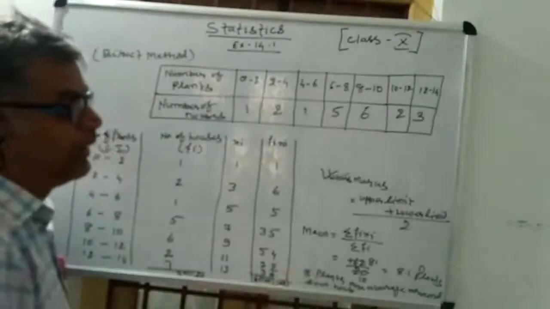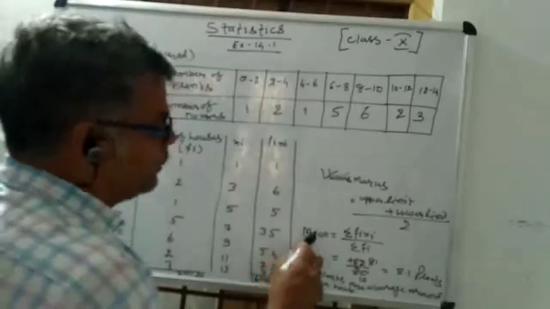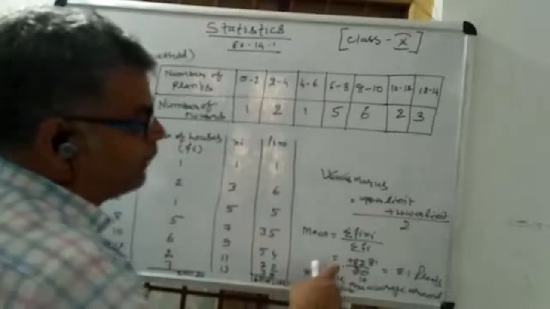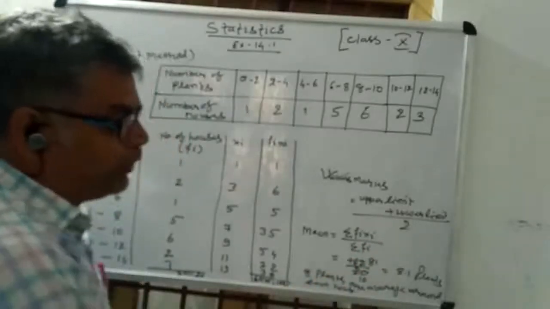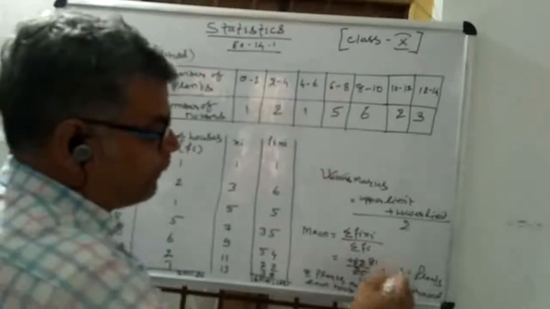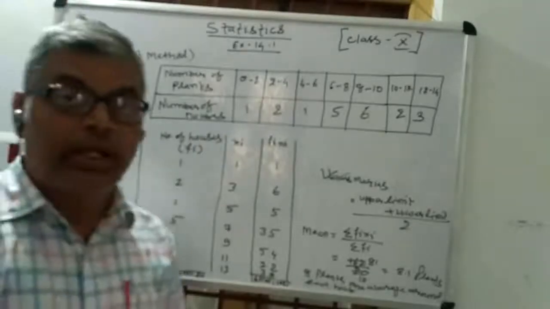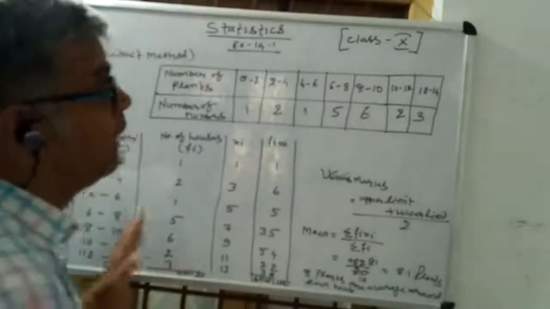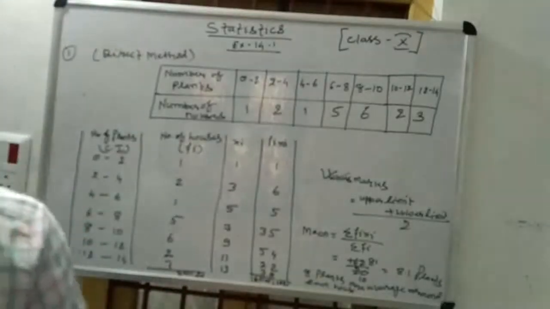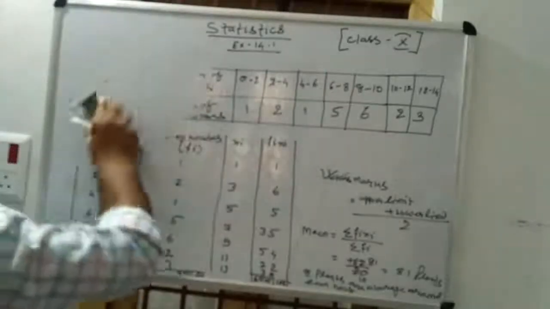So now we apply the formula of mean, which is of the direct method. So mean equals sigma Fi Xi by sigma Fi equals 162 by 20, so 81 by 10. So approximately 8 plants are the average around each house. And in this way you get the solution of this question. Now taking question number 2.